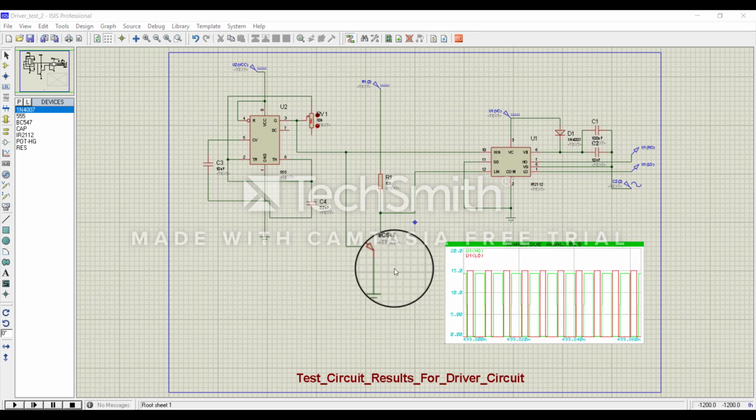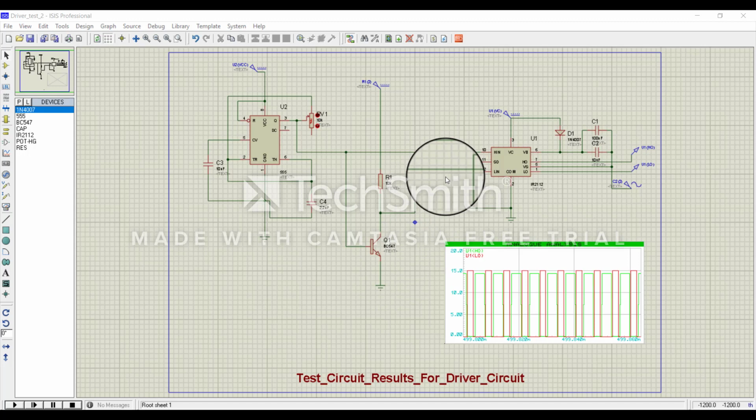So the next circuit we have simulated is the test circuit for the MOSFET driver. Here in Proteus we don't have a simulation model for IC74HC4049, which is an inverter IC.